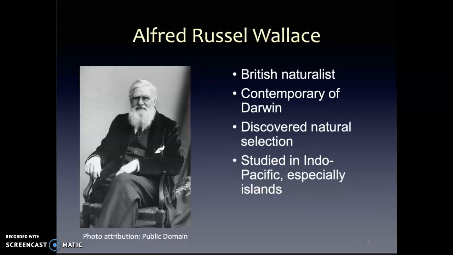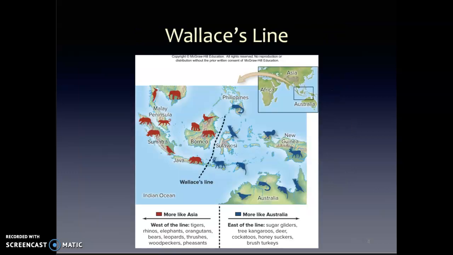Wallace studied a lot in the Far East, in the Indo-Pacific, and he was especially interested in islands. He spent a lot of time in the region of Indonesia and the Malay Archipelago. And he was going from island to island looking at things. He was intrigued by a pattern in the distribution of animal species among these islands.